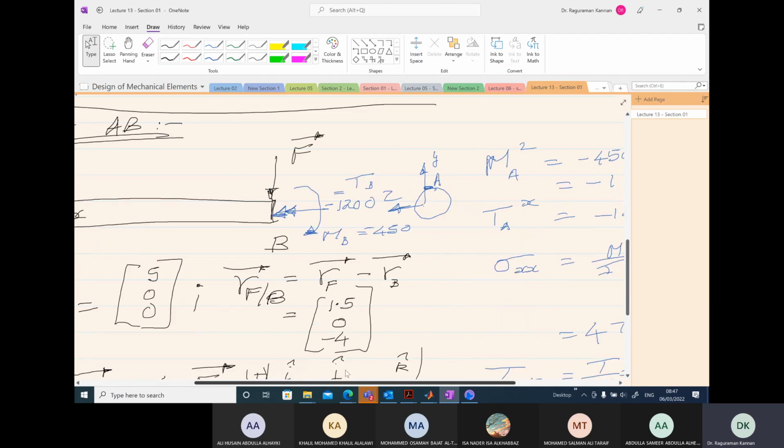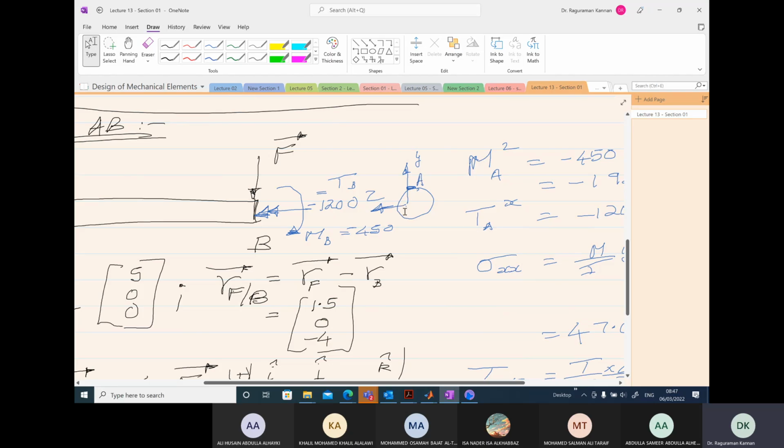Where is the x-axis? The x-axis is coming out of the board. So the torque is going this way, which means your tau xz component is in this direction, opposite to the z direction.